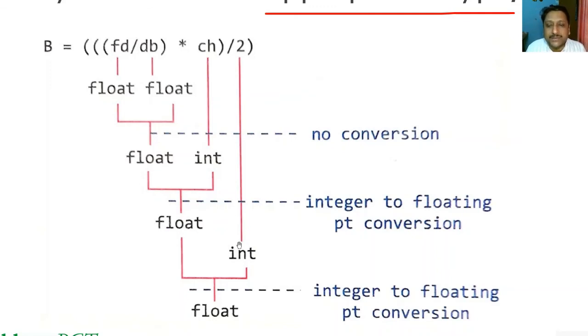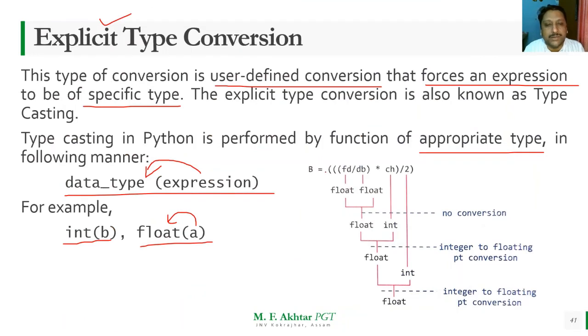Suppose we want this result in integer, then we have to write int in front, and the whole result will be converted to int data type. We can write the int keyword to convert the expression to integer type.